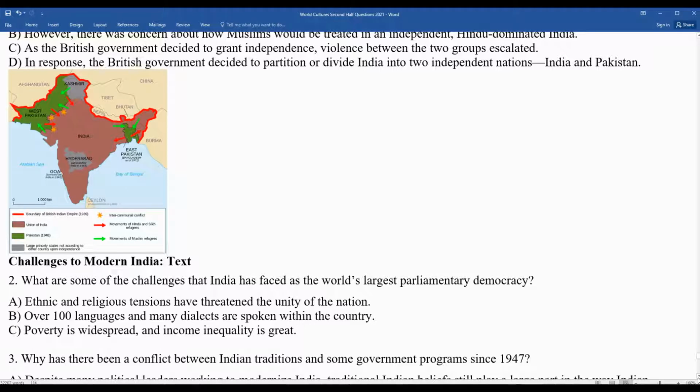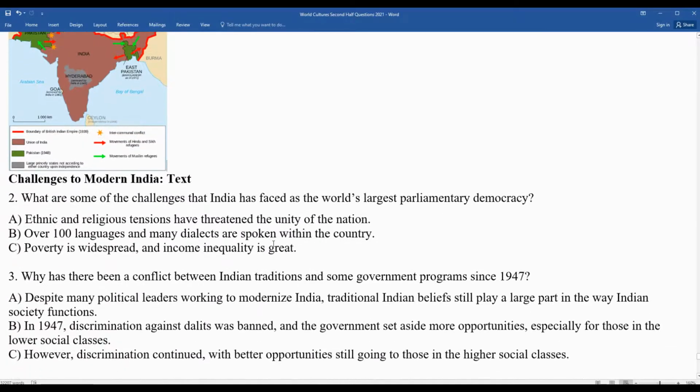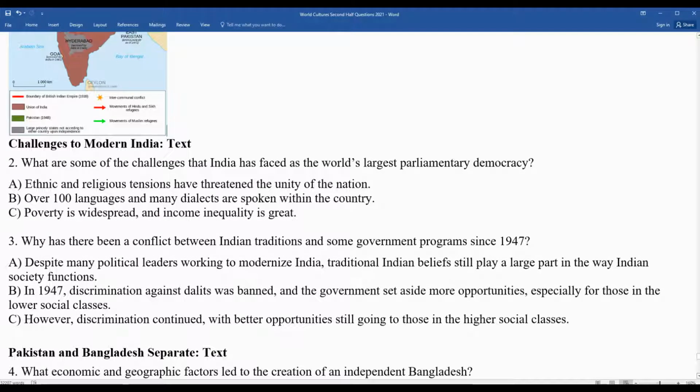Question 3, why has there been conflict between Indian traditions and some government programs since 1947? Despite many political leaders working to modernize India, traditional Indian beliefs still play a huge part in the way in which Indian society functions.